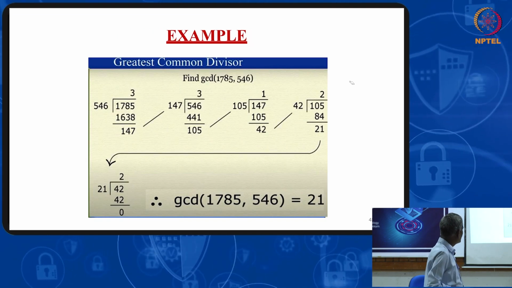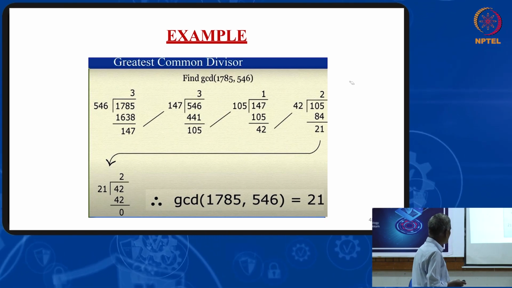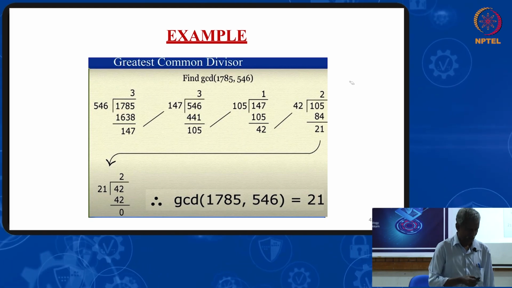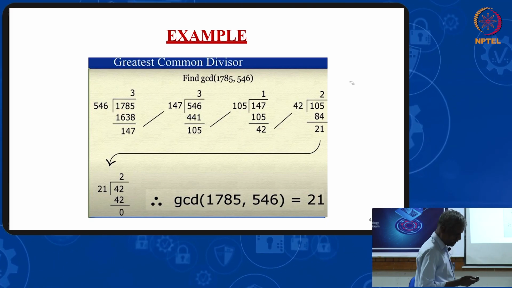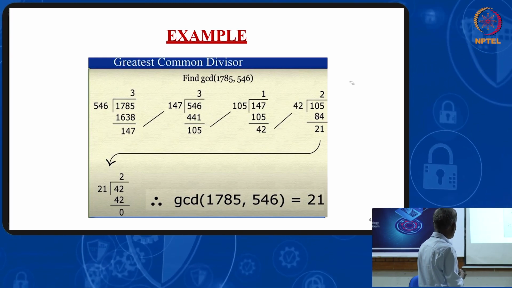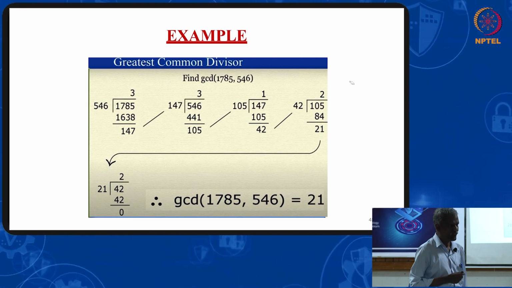You see the method. First, we want to find the greatest common divisor between 1785 and 546. We divide the bigger number by the smaller number first. If you divide the bigger number 1785 by the smaller number 546, the remainder is 147.